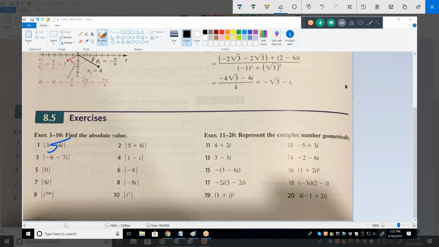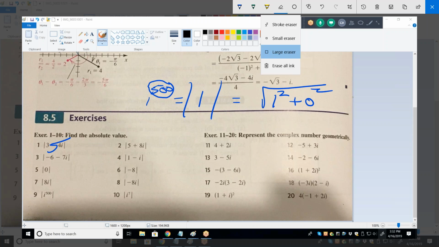In other words, i to the 500th, if it's a power and even multiple of 4, then that's always equal to 1. If that is evenly divisible by 4. So yes, now we're taking the absolute value of 1, which is the square root of 1 squared plus 0 squared. And that is 1.